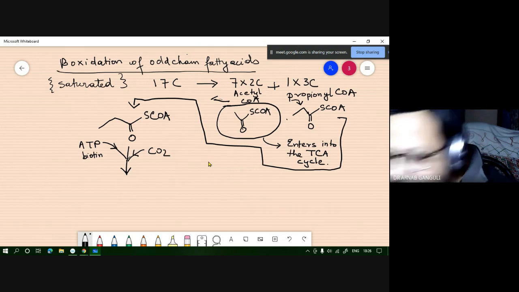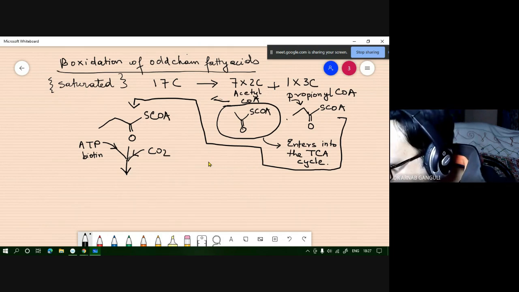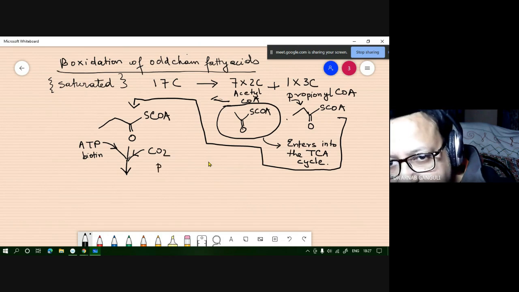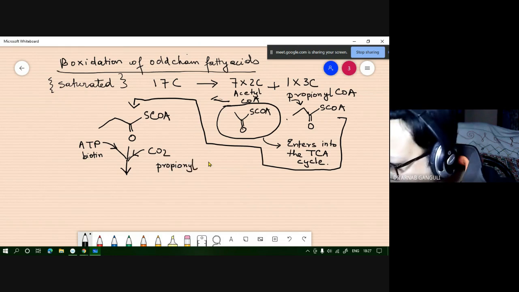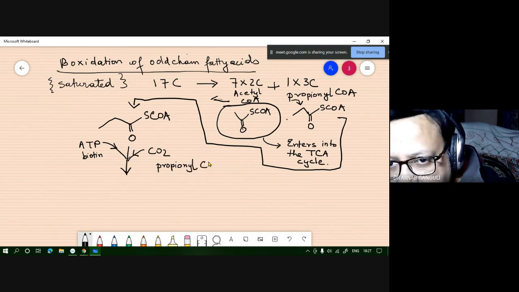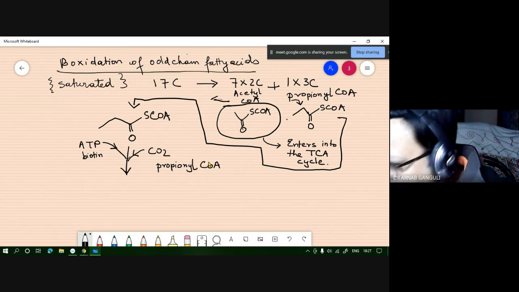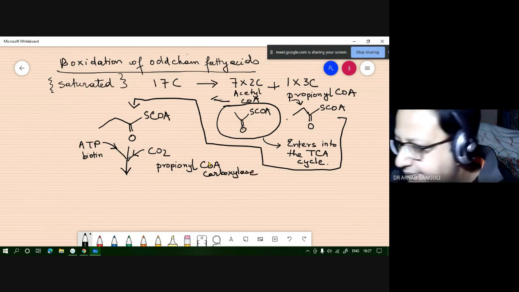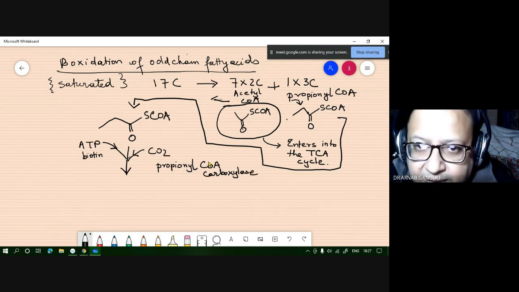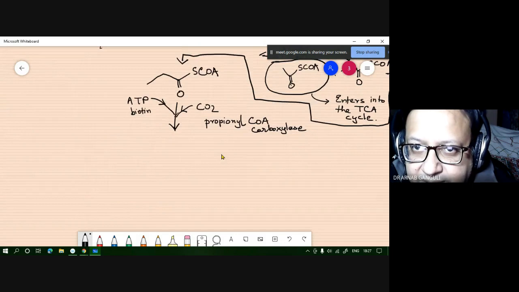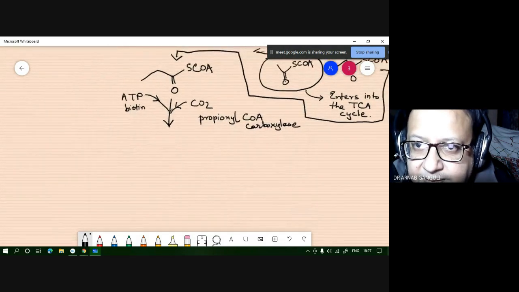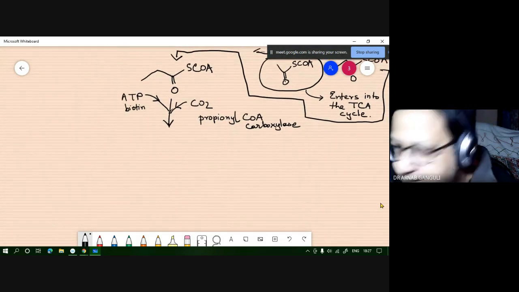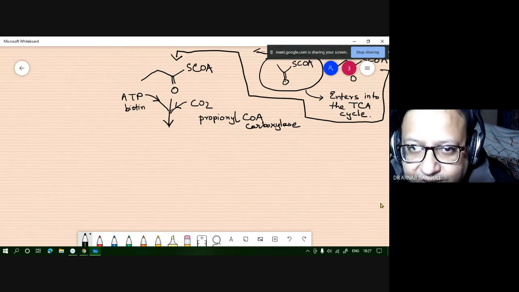So the enzyme is propionyl CoA carboxylase. And now you're trying to add a CO2.